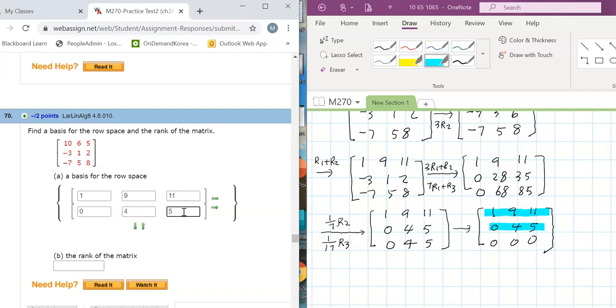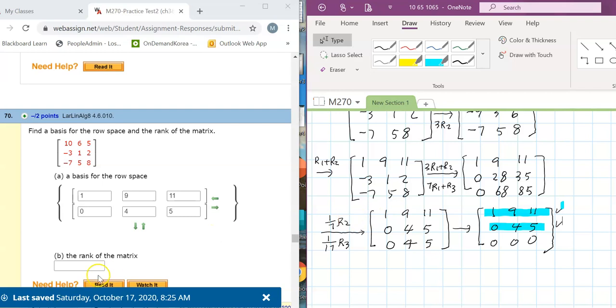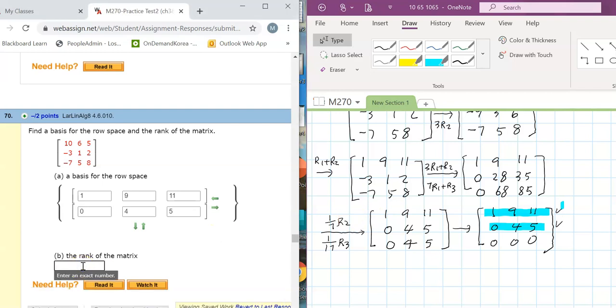This answer is going to be different from what this video is going to show you. But see, I bet the rank is 2. The rank is 2, okay? Because there are 2 non-zero rows.